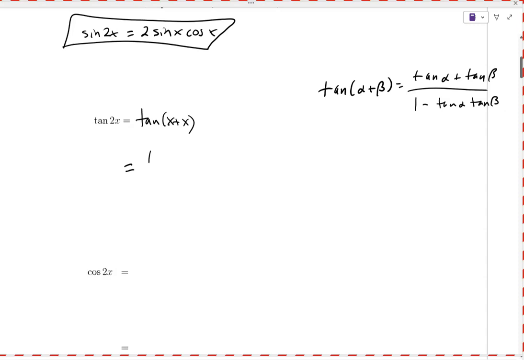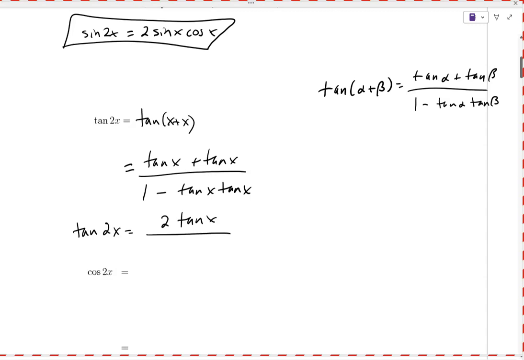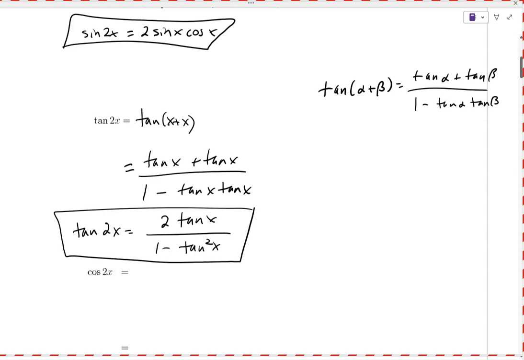Tangent x plus tangent x over 1 minus tangent x times tangent x. Good. Yeah, so we get tangent x plus tangent x on top, 1 minus tangent x times tangent x on bottom. And to clean that up a little bit, how can you rewrite the top? 2 tangent x. And how can you rewrite the bottom? 1 minus tangent squared x. Good. Exactly right.